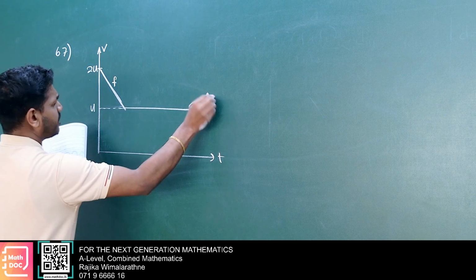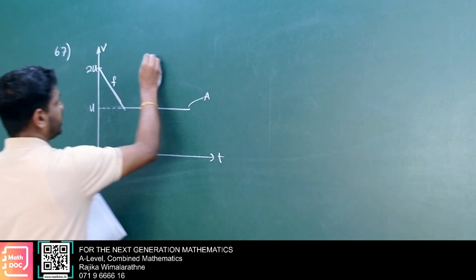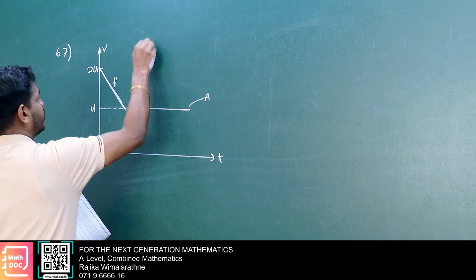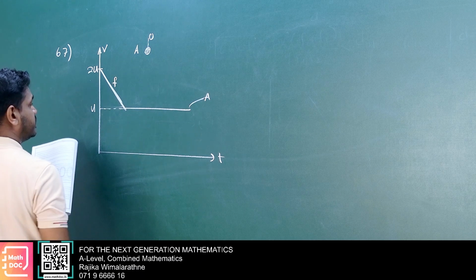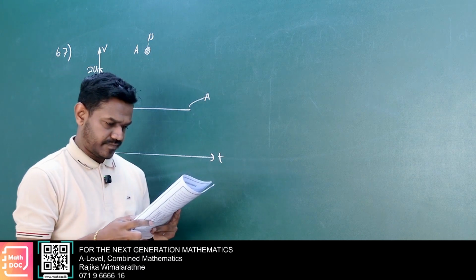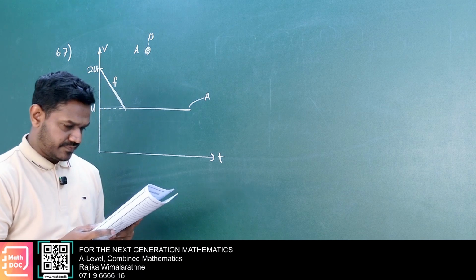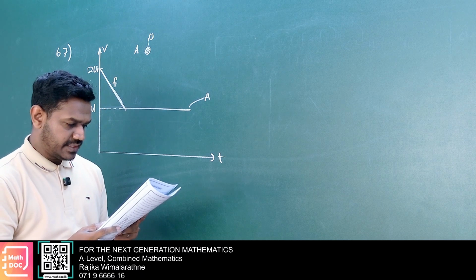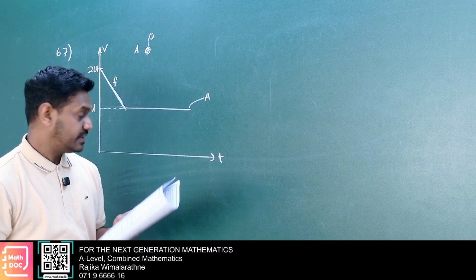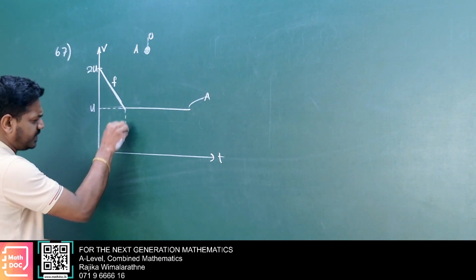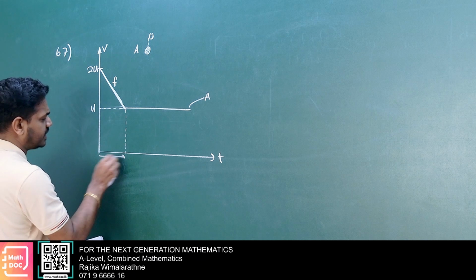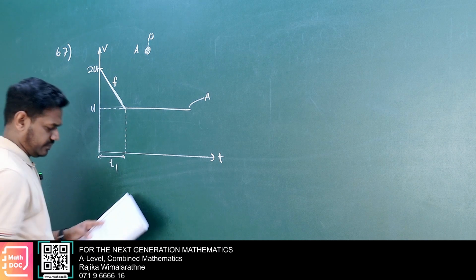Here car A at point O. At the moment uniform speed begins, let's take time t1.